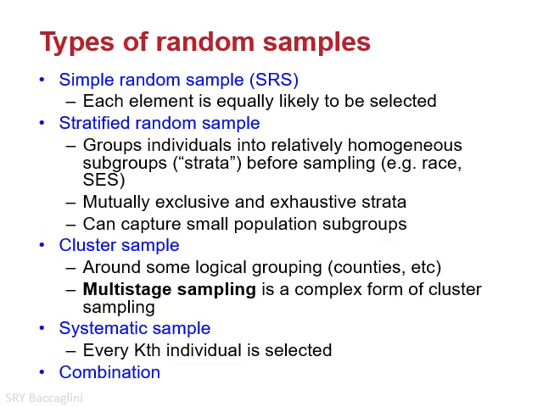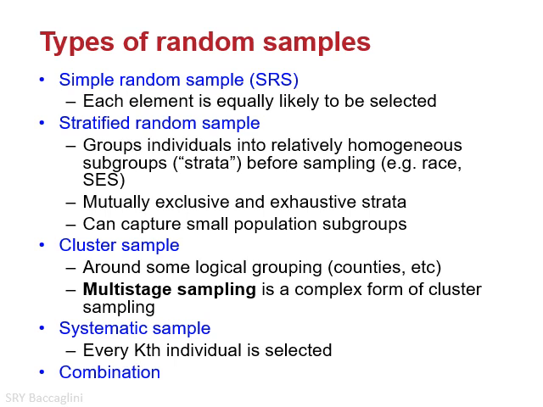So there are different types of random samples. The typical analysis you run every day assumes a simple random sample. So anyone in the United States has an equal chance of participating in the study. Stratified random sample means that groups of individuals are grouped together into strata. These are fairly homogeneous subgroups, and then they're sampled within each stratum.